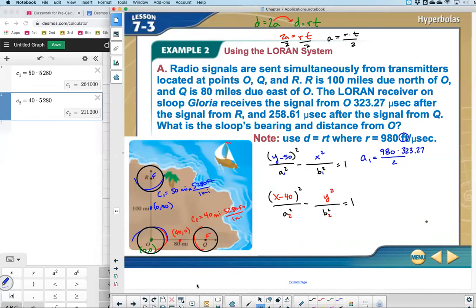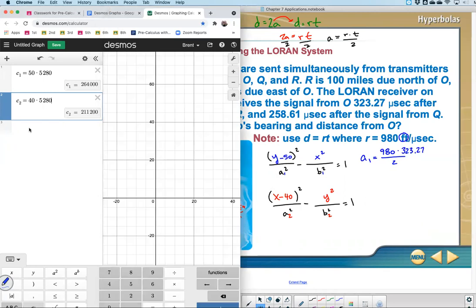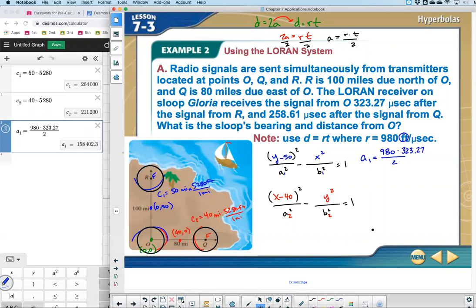So I come back to this problem here. Let's find what A1 is. A1 will equal 980 times 323.27 milliseconds, divided by 2. That's our value for A1. And now let's find the value for A2. Again, I'm using the formula up above. It's the rate, which they said is 980, times some amount of time divided by 2.